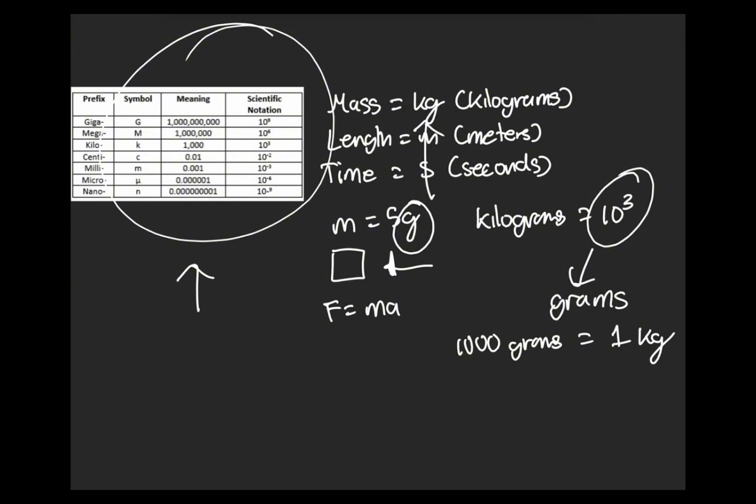So, how do we convert 5 grams into kilograms? Well, we do 5 over 1,000, which is 0.005 kilograms. So now we're going to move on to the order of magnitude.